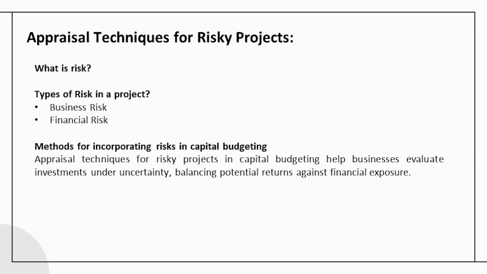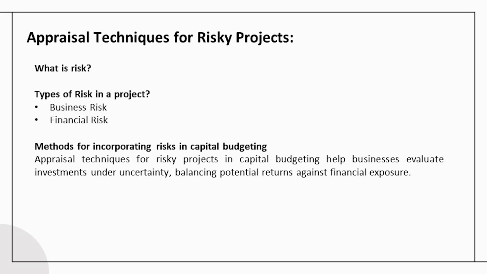The question arises, what is risk? Risk is the situation where, though we have encountered this kind of situation in the past, it has given us mixed results. Sometimes it has become a successful venture, but sometimes it has failed. So, there can be two types of risk in all projects. Number one is the business risk.